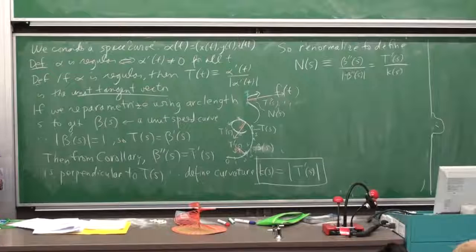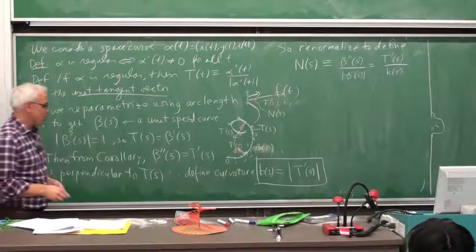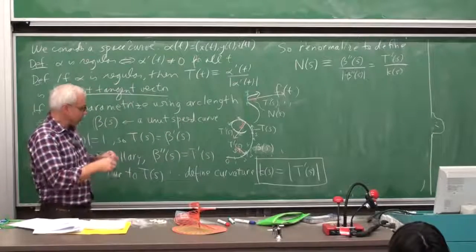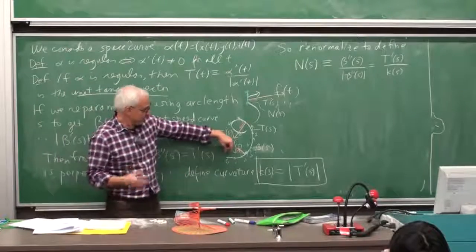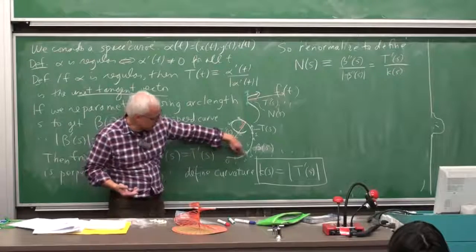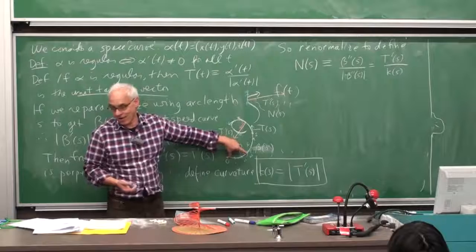Do most curves have a unit speed parameterization? Yes, because given any curve whatsoever, we can write down an integral that allows us to calculate, at least numerically, the arc length.